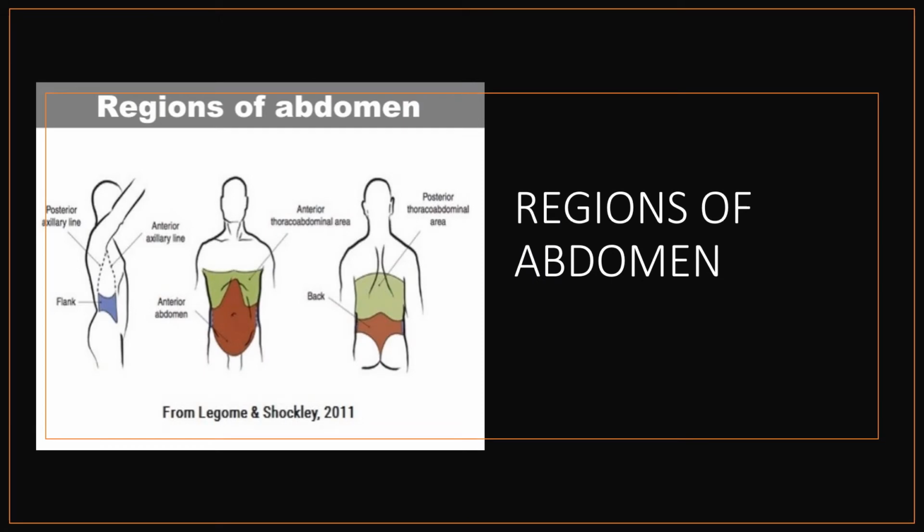Regions of abdomen. Here we're going to see the anatomy of the flank, the anterior abdomen, the anterior abdominal area, the posterior thoracoabdominal area, anterior thoracoabdominal area, and also the back.